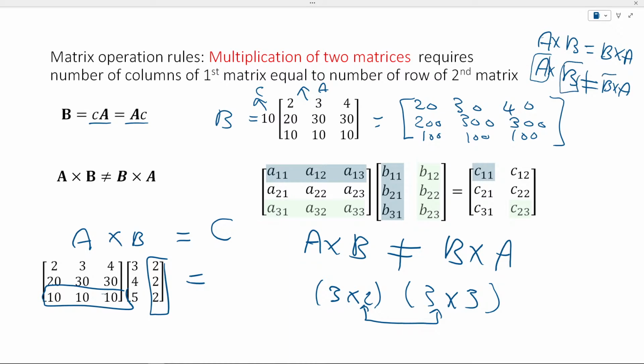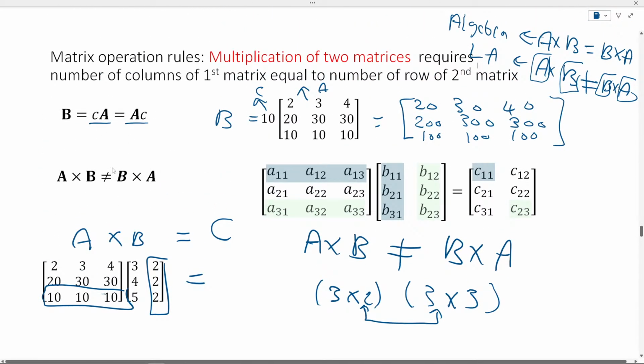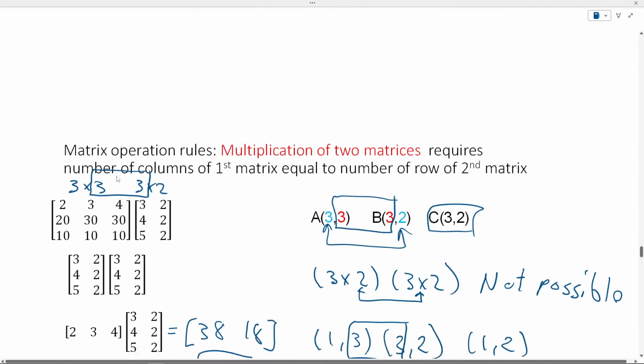So this is algebra, and this is linear algebra. That's one of the take-home messages that you need to know here.